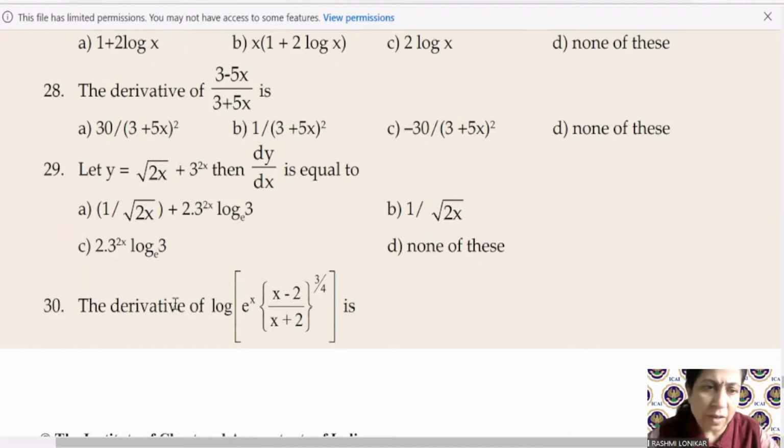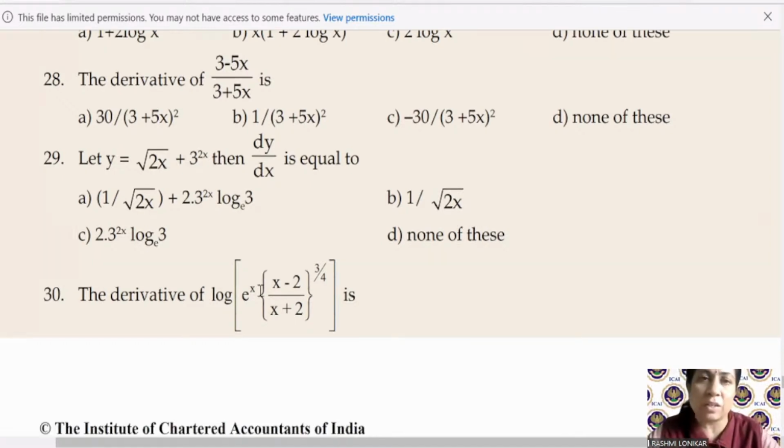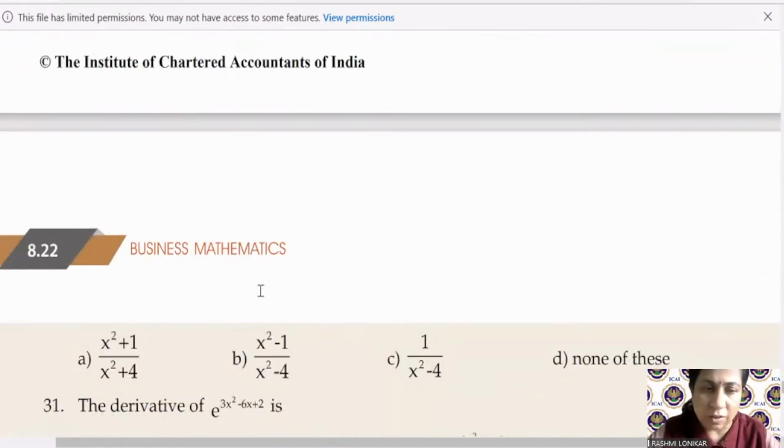Again here, for the derivative of this log function, the derivative of the log will be 1 upon the function e raised to x, and then you have to find the derivative inside. Just like we did just now, you have to solve it completely.